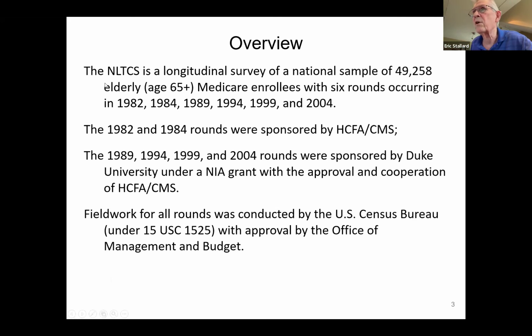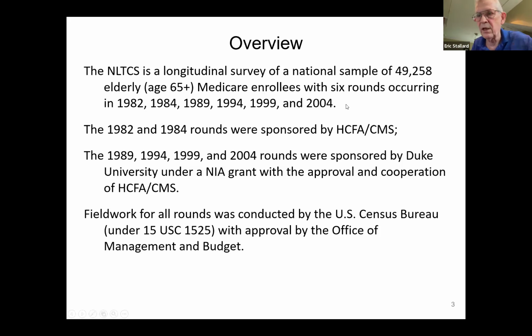So the overview. This is worth stating and actually just dwelling on. The National Long-Term Care Survey is a longitudinal survey of a national sample of 49,000 or so elderly Medicare enrollees, with 6 rounds occurring in 1982, 84, 89, 94, 99, and 2004. Beginning with the second round, the gaps were 5 years.